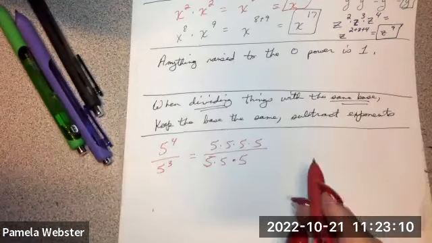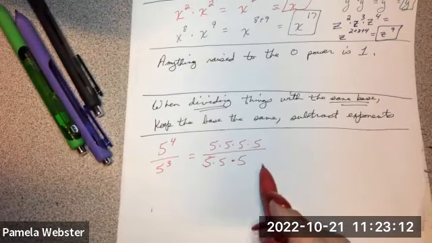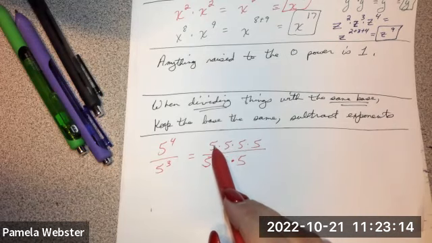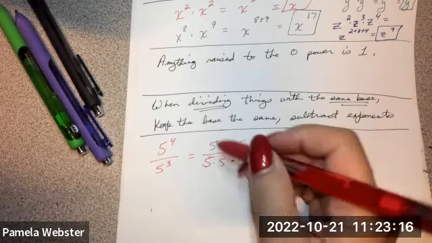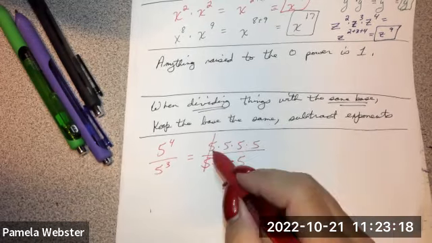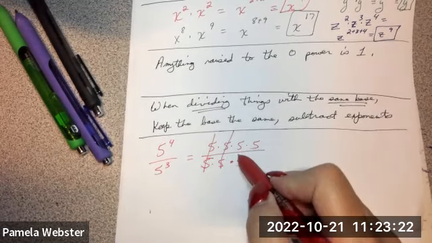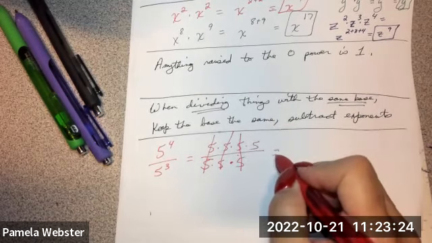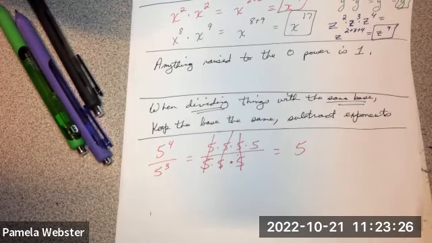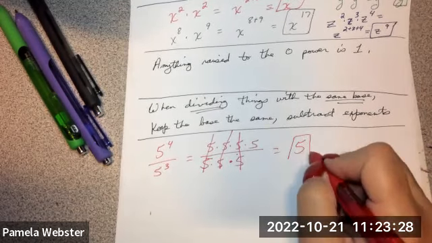And so then you look at this and you go, okay, a 5 over 5, that'll be a 1, right? And that'll reduce out. And this 5 over 5, that'll be a 1. And this 5 over 5, that'll be a 1. So I end up with just a 5 on the top, or 5 to the 1st.